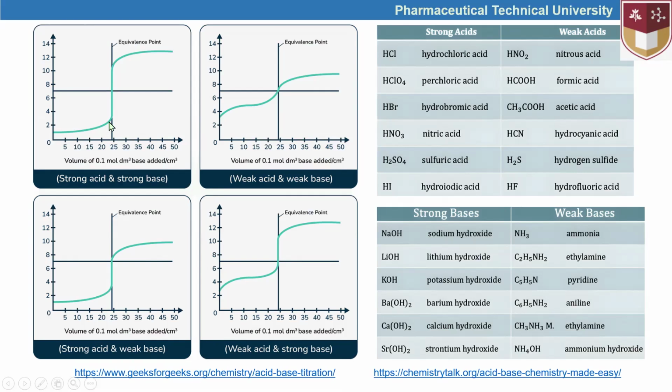And as we reach here, we can observe kind of skip in the pH level. So while we are titrating strong acid with strong bases until we reach 3, okay, we can add some concentration.